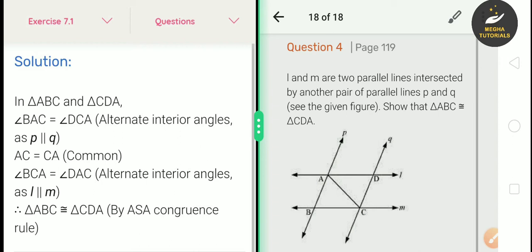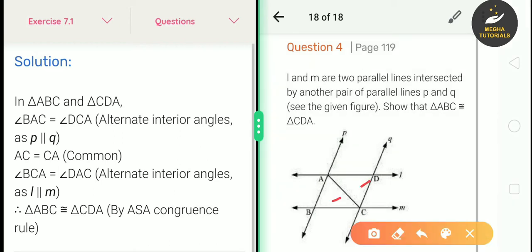In triangle ABC and triangle CDA, angle BAC is equal to angle DCA. Let's see angle BAC. So angle BAC is this angle. It is equal to angle DCA, it means this angle. Now if you can see, these two angles are alternate interior angles.